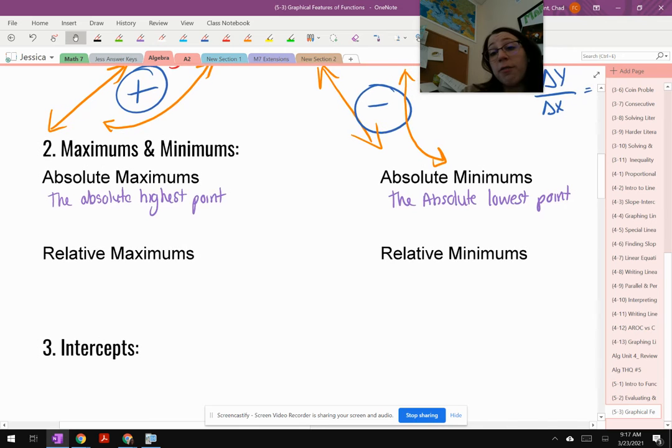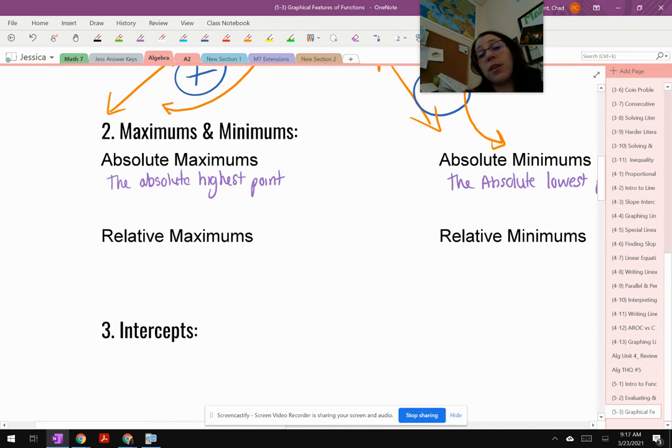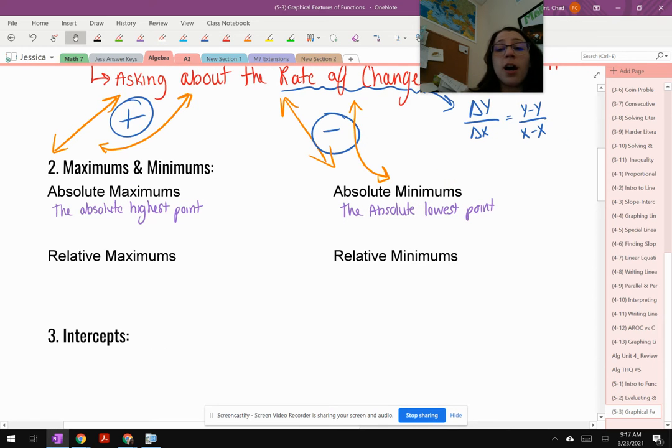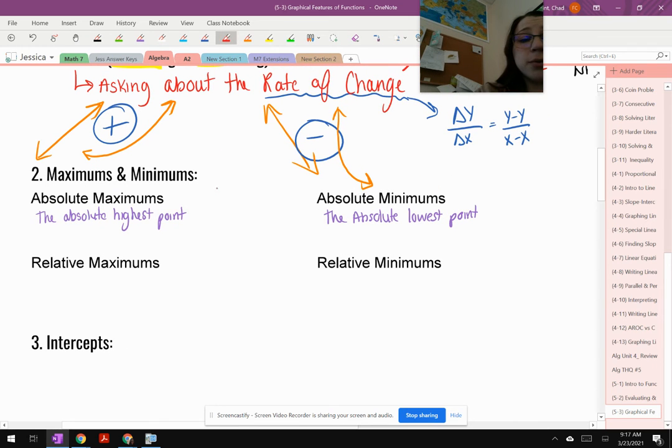So when you're looking at the graph, the maximum is the point that's higher than all of the others, and the absolute minimum is the point that's lower than all of the others. These should be written as coordinate points.